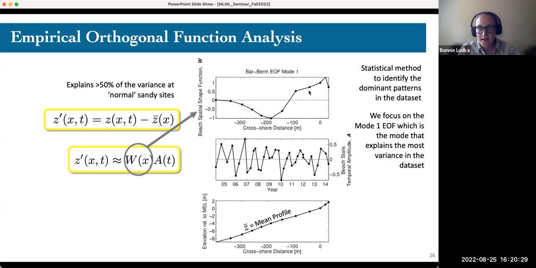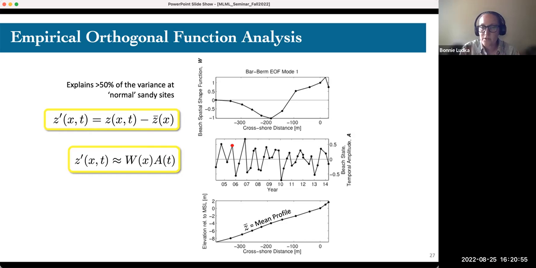The EOF also tells us how the beach behaves in time, and that is encapsulated by this middle plot called the beach state, or I'm calling it the beach state, which is the temporal amplitude of the EOF. And so what this tells us is throughout the year, when is the beach in that berm state and when is it in the barred state?